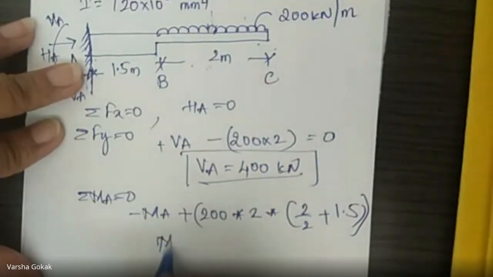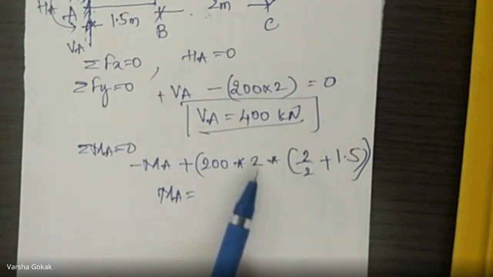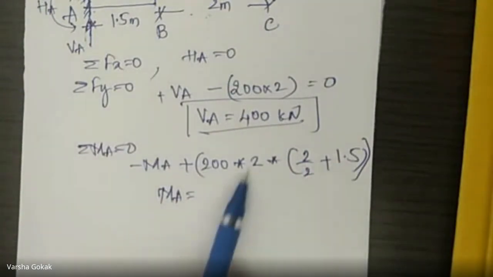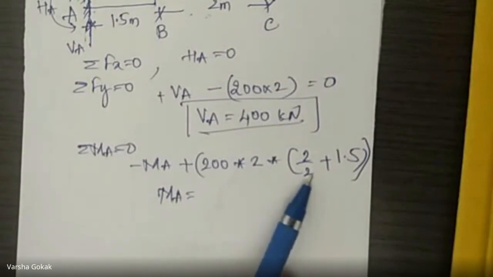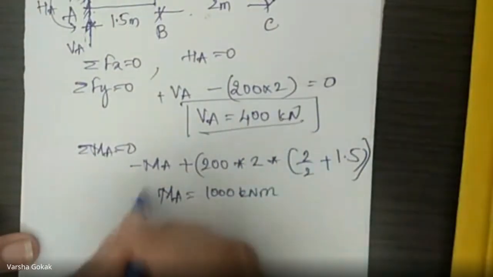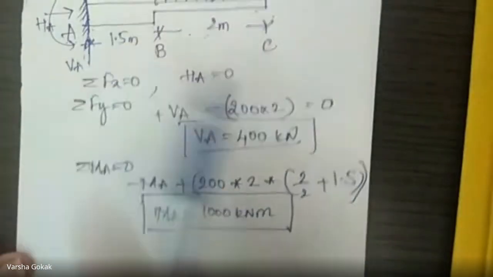What is the value of MA, please? Somebody calculate and tell me. 200 into 2 is 400. This becomes 1 plus 1.5, 2.5. 400 into 2.5. How much? 1000. So 1000 kilonewton meter is the reaction value at this point, right?